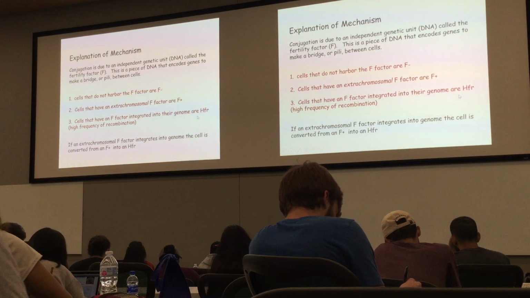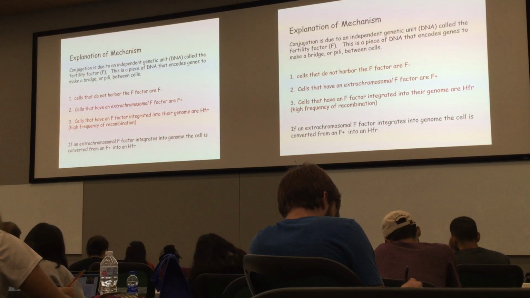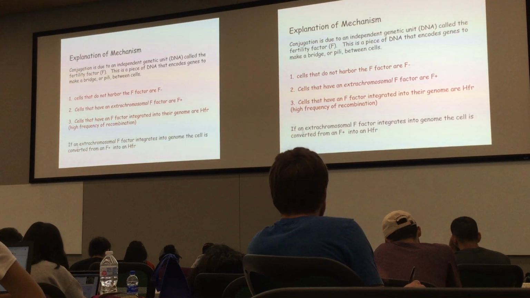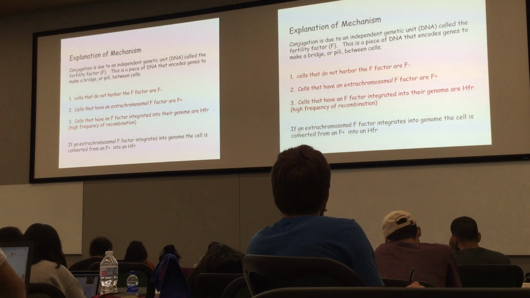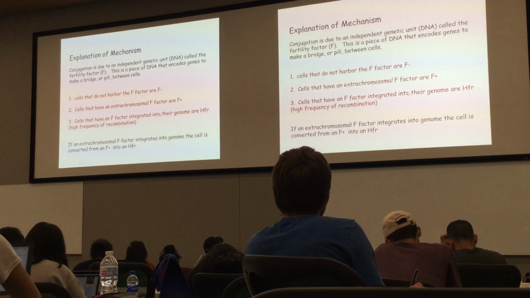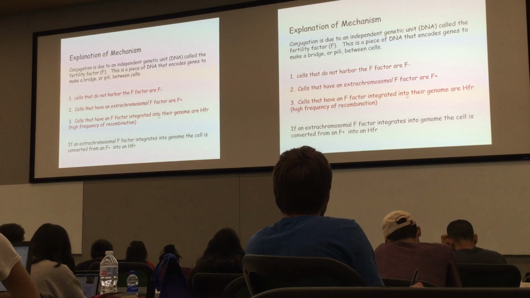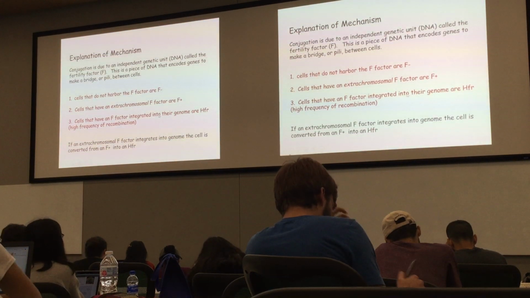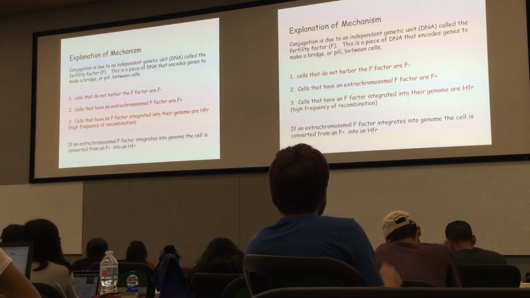So these are the three kind of mating types, so to speak, that we can have as a result of this F factor. The point here is if the extra chromosomal F factor in an F plus cell moves into the E. coli host DNA, it will then go from F plus to HFR strain.